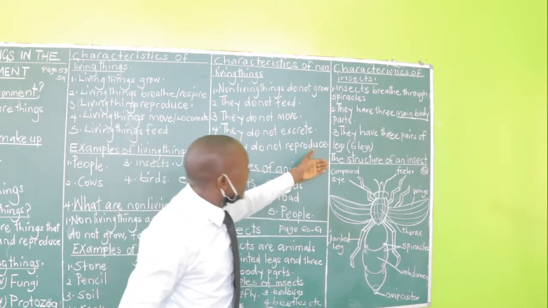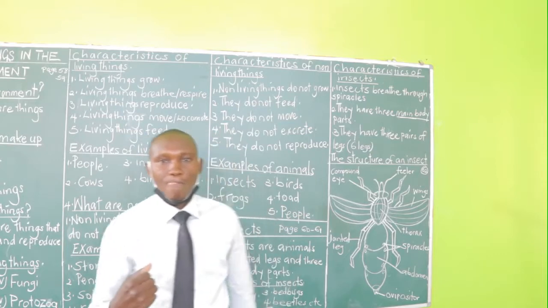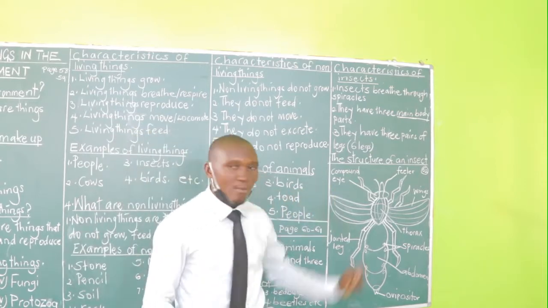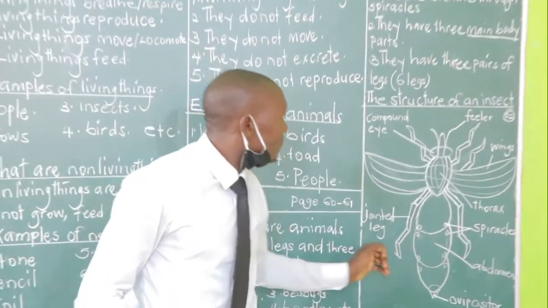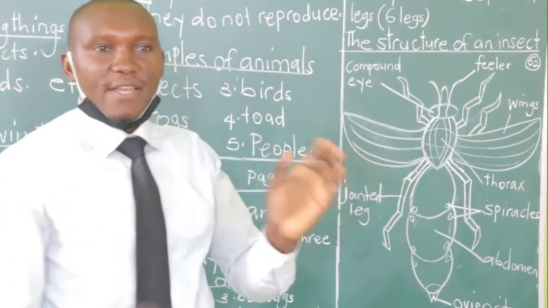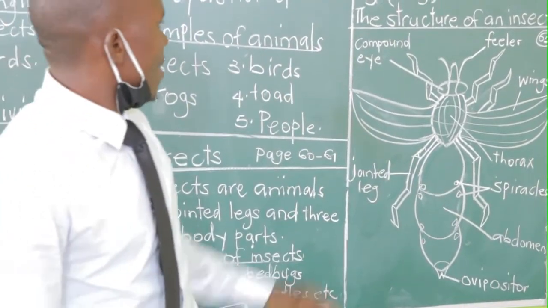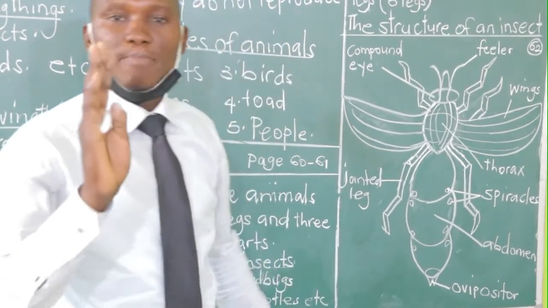We move to the structure of an insect. Open page 62 in your book, there is a structure of an insect, in bracket, housefly. Now, our insect is clothed with all parts.